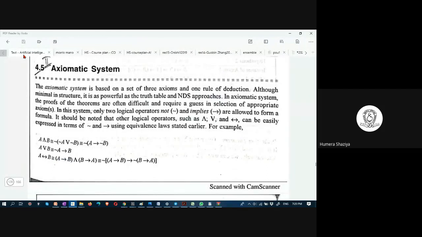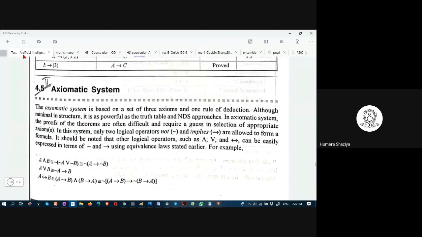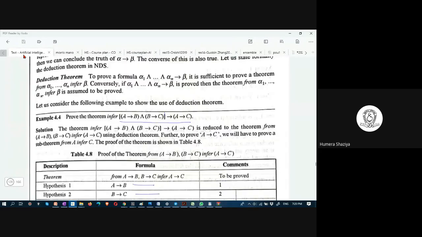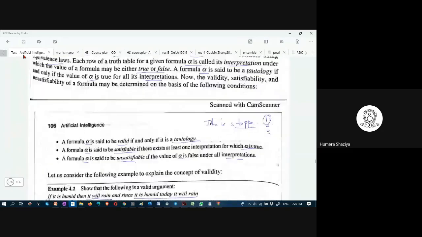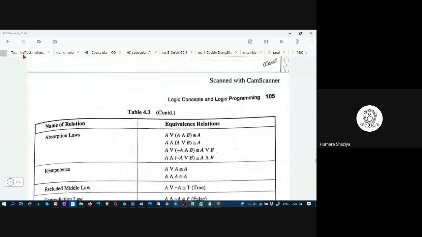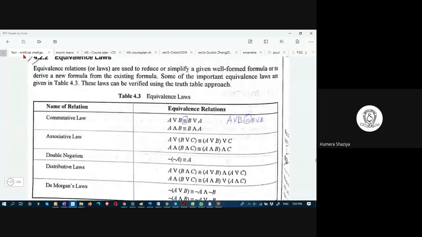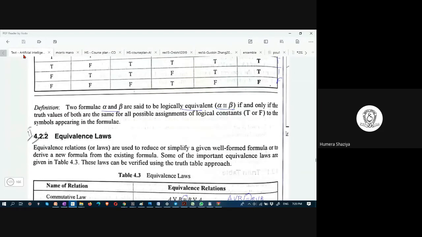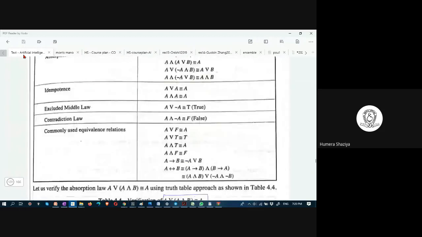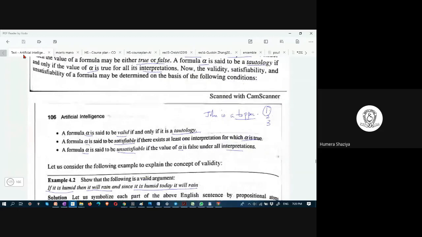All right, students. The topic of today's discussion is axiomatic system. In the last class, we learned about a natural deduction system and truth table method for inferencing new statements from the existing sentences or statements using different laws, equivalent laws, and a truth table method.